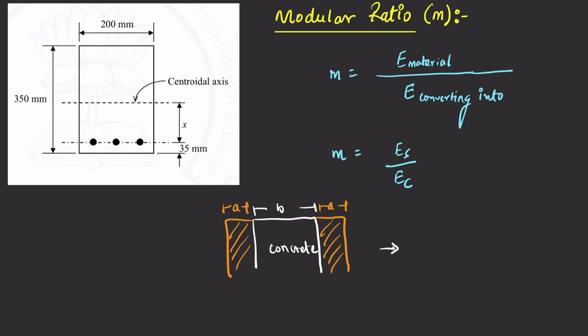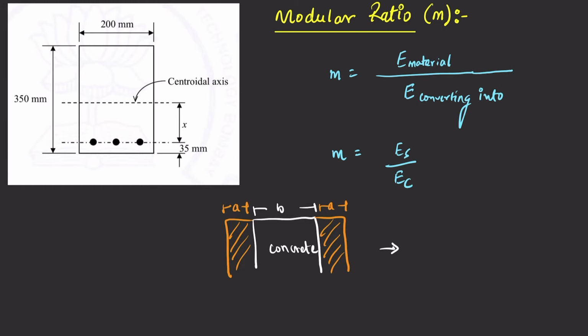If we want to convert steel into concrete, we multiply by the modular ratio, which will be Es over Ec.